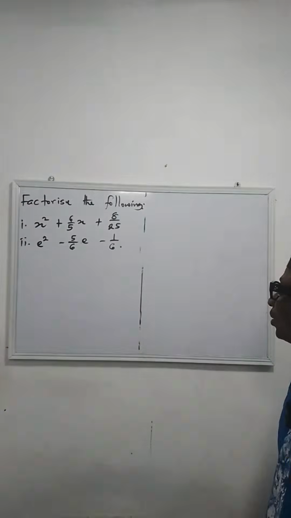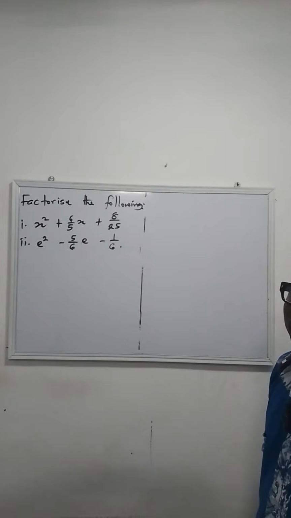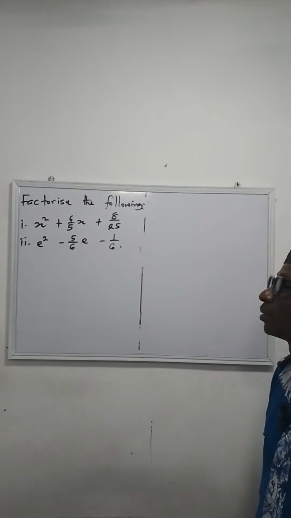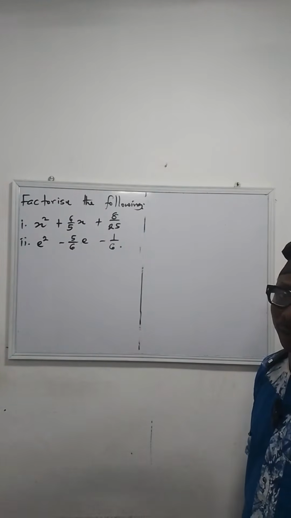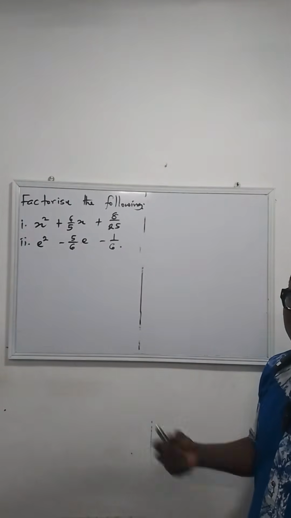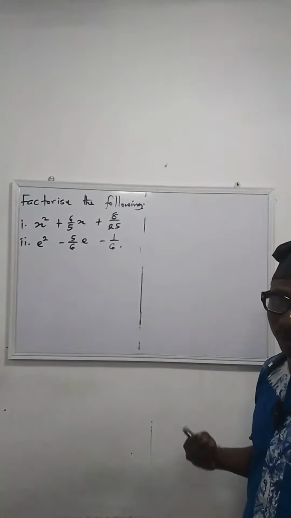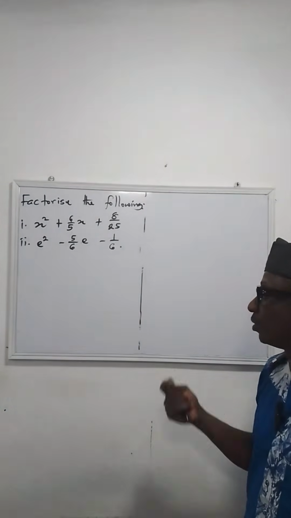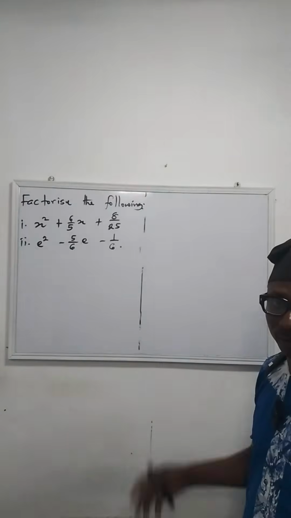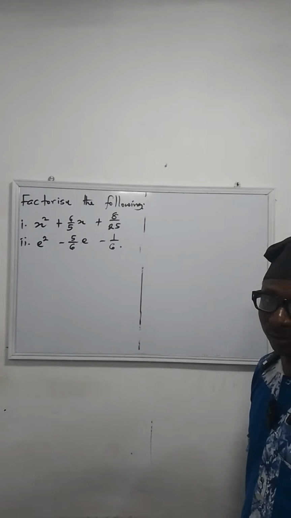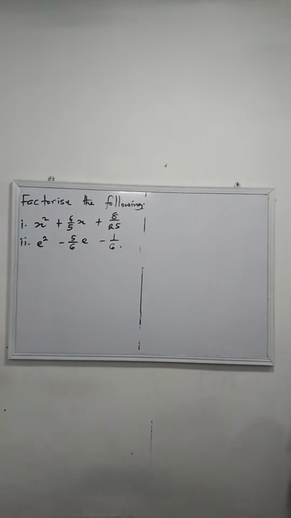I expect answers to be rolling in now. Or is it difficult? All right, identify your sum and product and just look for two numbers such that the addition will give you the sum and the multiplication gives you the product. So that's all. Is there anybody with the answer?